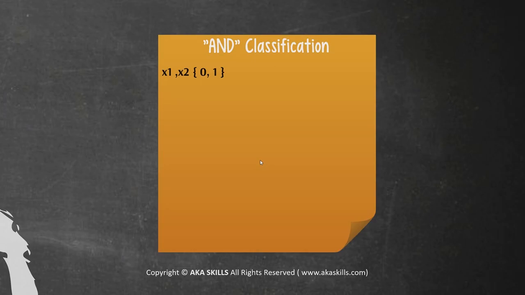So let's see how to do that AND classification using neural networks. x1 and x2 are always 0 or 1. It's logistic regression, as you know if you know traditional machine learning.